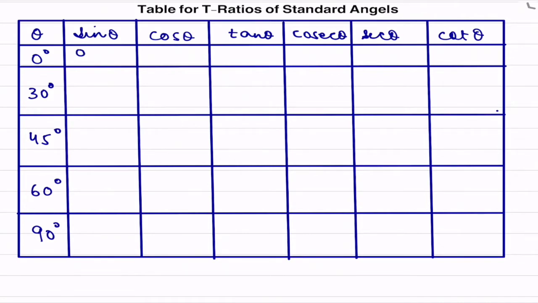First you write down the numbers starting from 0, 1, 2, 3, 4. Divide all of these by 4. Then take the square root.